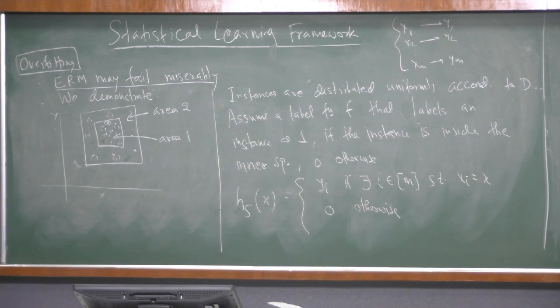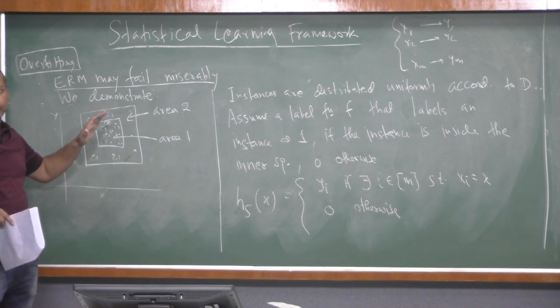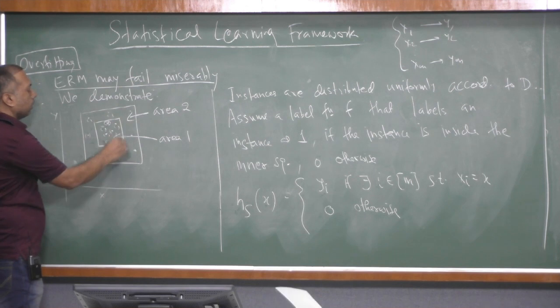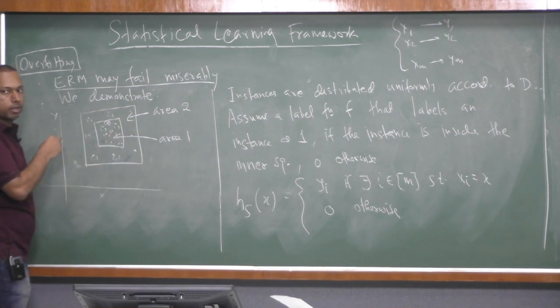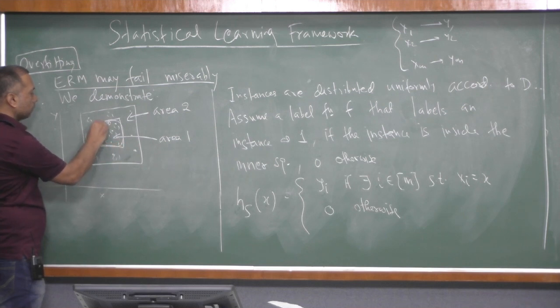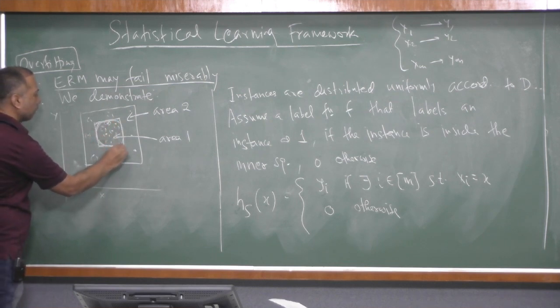Okay, so the fact that it has memorized but not learned any specific pattern means that it may have learned some approximation of the class boundary, maybe not the whole boundary. So the better H would have been something like this, that learns some boundary like this.